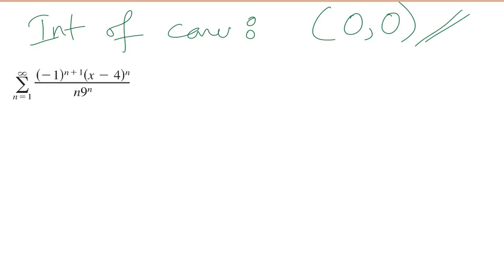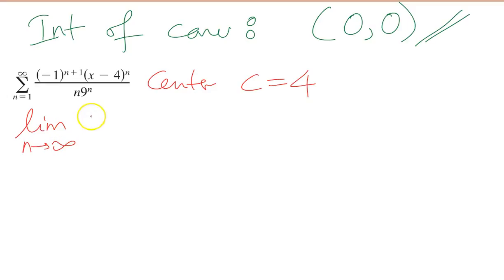Alright guys, find the interval of convergence for this power series. First let's say where the center is. Center is at c equals 4. So now, do the ratio test, limit as n goes to infinity of, and we replace n by n plus 1. So what is the new power?